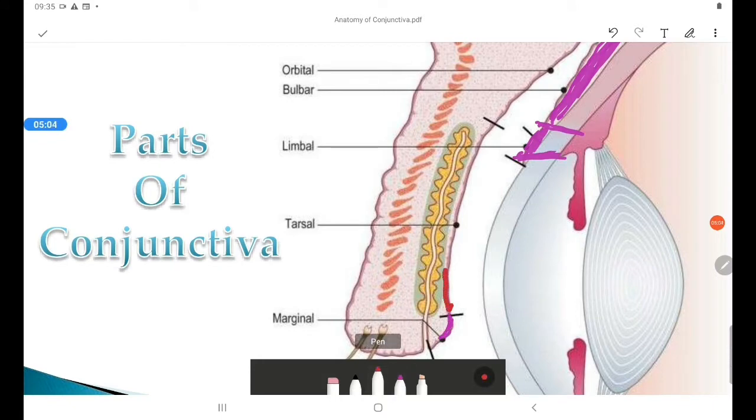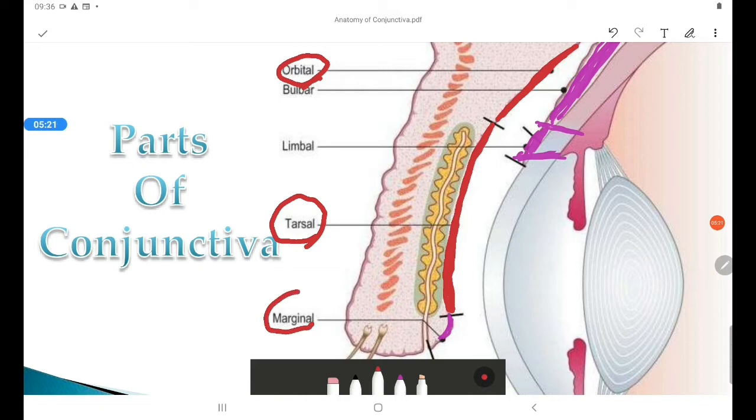Now this is the area covering the tarsal gland. So this is the tarsal part of the palpebral conjunctiva, and this is the area that is closer to the orbit. So that forms the orbital conjunctiva. This is tarsal and this is marginal.